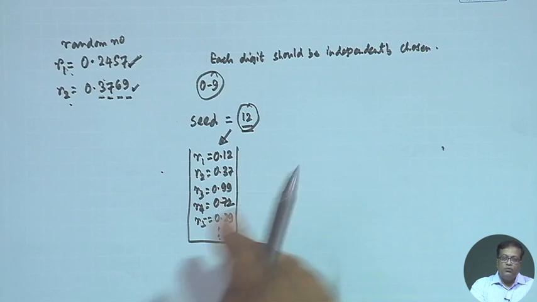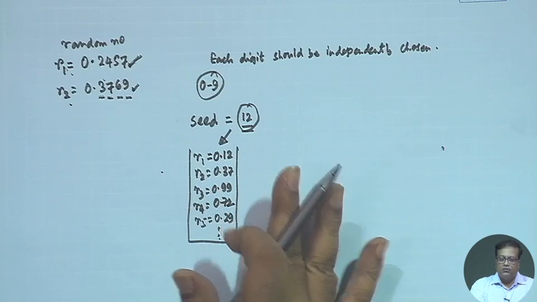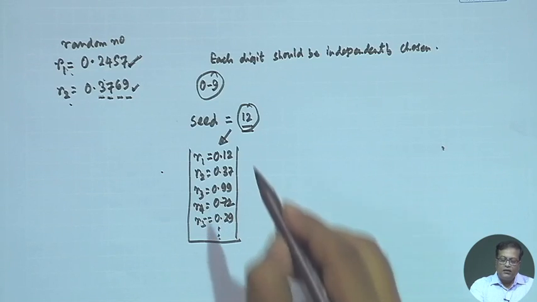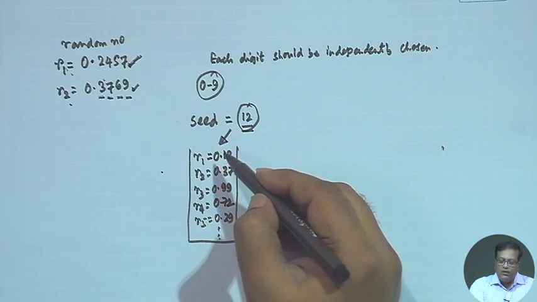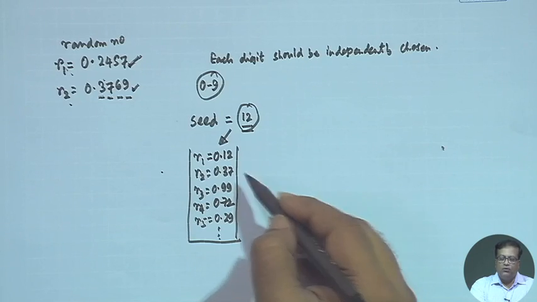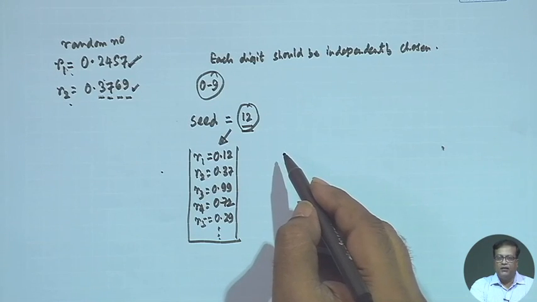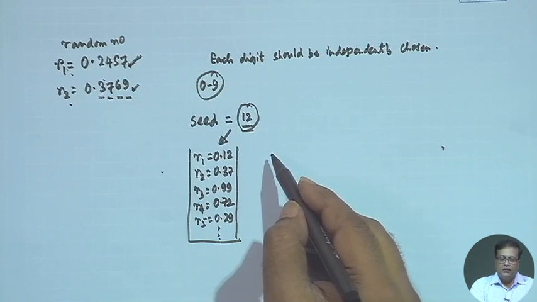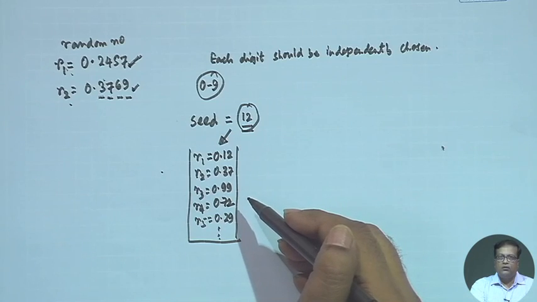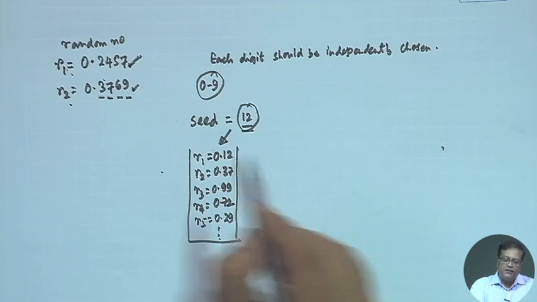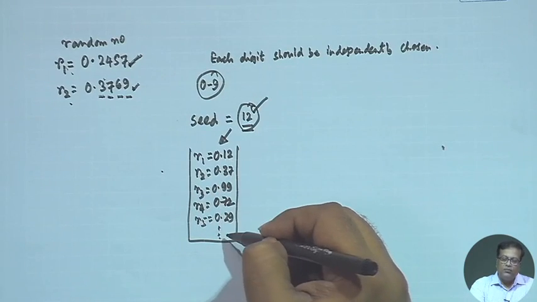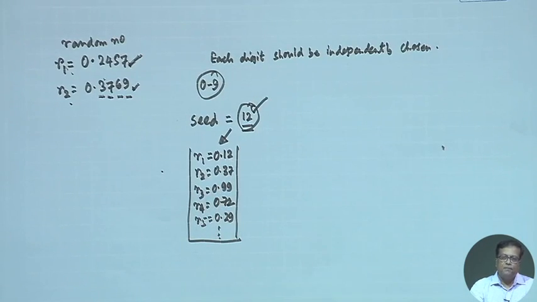It has both a good thing and a bad thing. See, what is the good thing? The good thing is that if we have done an experiment and we want to reproduce it, in order to validate whether what we did is correct or wrong, the advantage is that as long as we give this seed, we get the same random numbers once again.